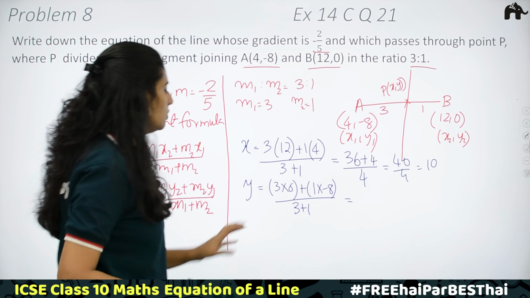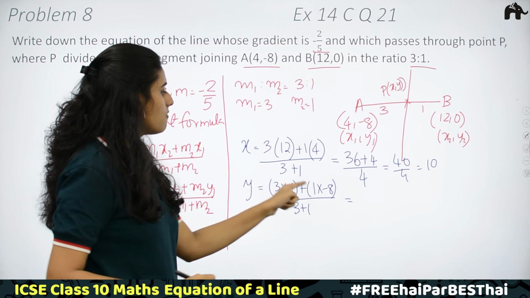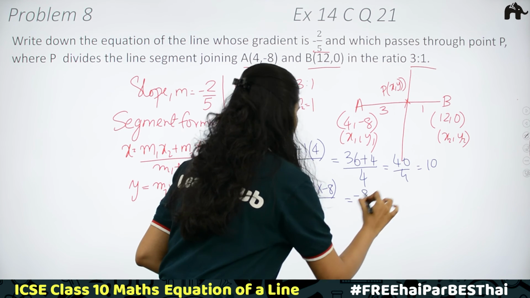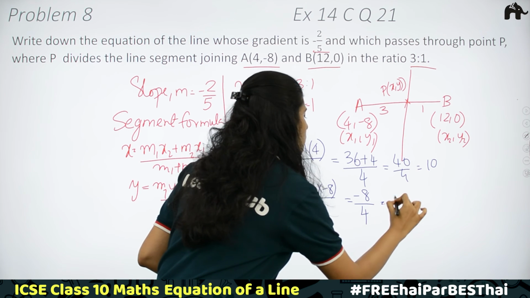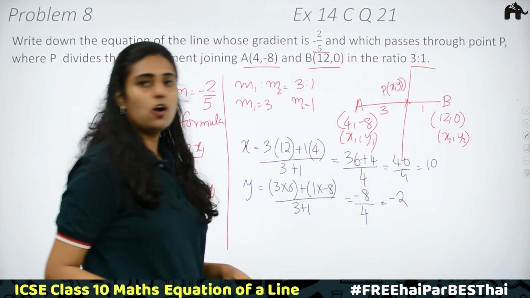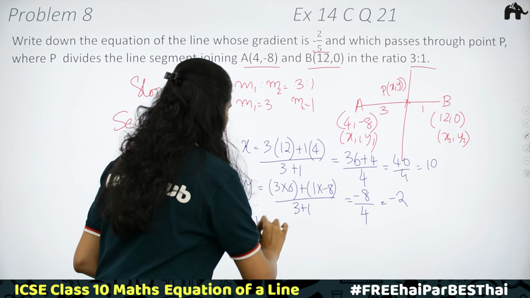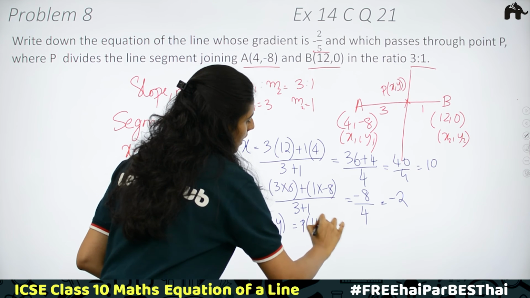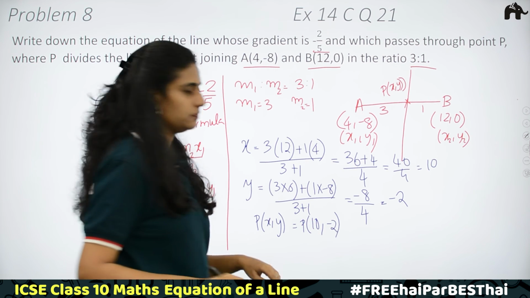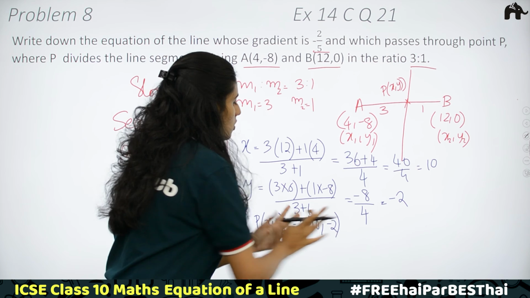That is equal to 3 into 0, 0, plus 1 into minus 8 is minus 8. Minus 8 by 3 plus 1, 4. Minus 8 by 4 which is minus 2. So, we got the coordinates of point P. P(x, y) is equal to P(10, -2). Okay. These are the coordinates of P.